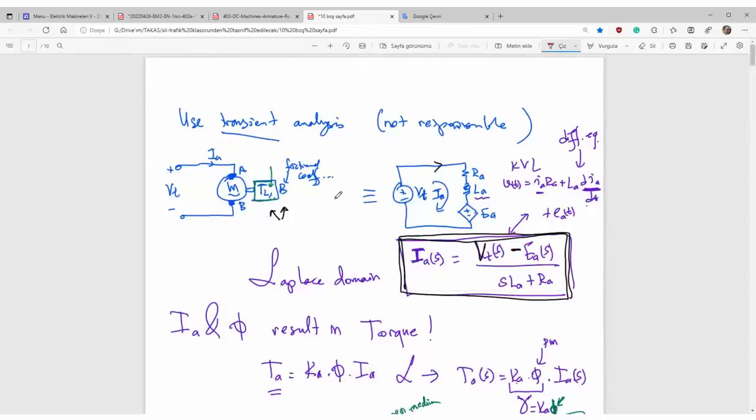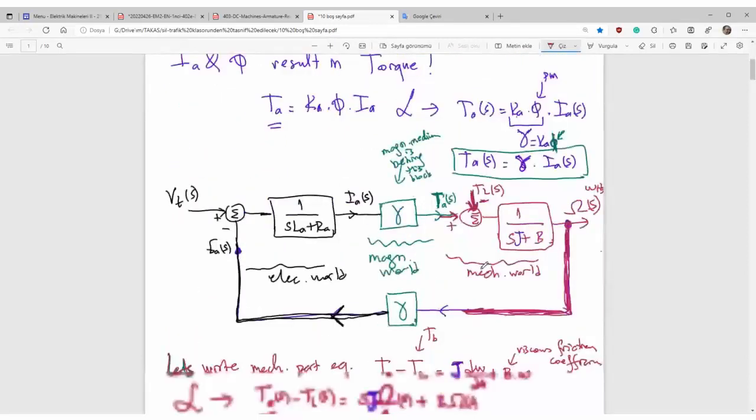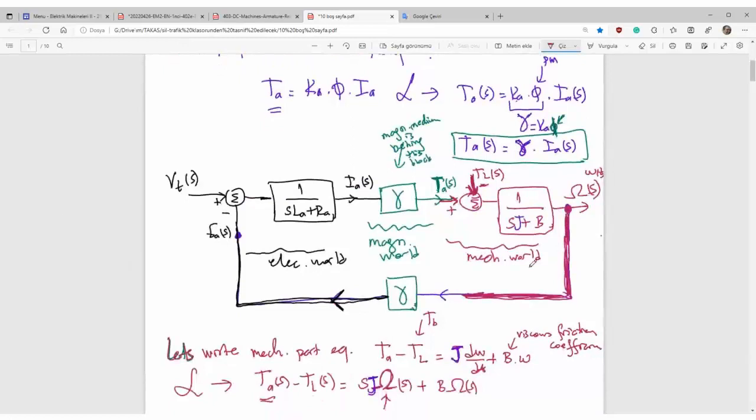If there is a connection change, the equations, differential equations, the relations, the connections, and the block diagram will be changed. It is not a fixed block diagram.